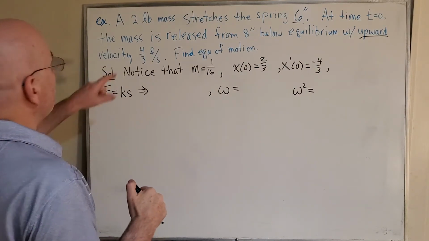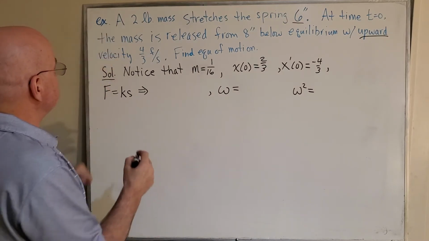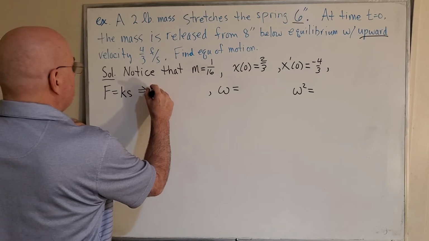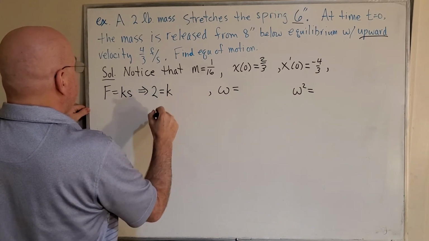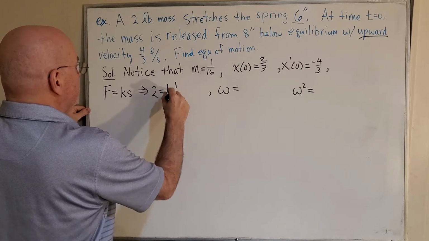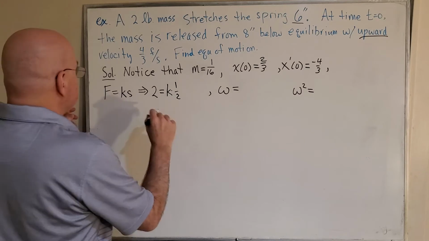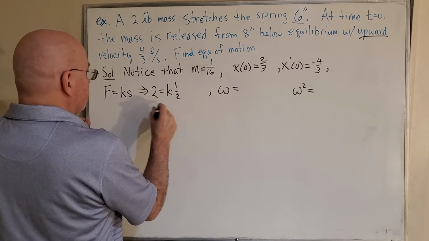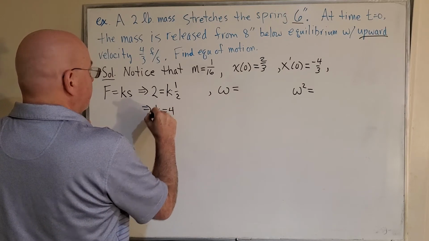And the force is just the mass times gravity, it's the 2 pounds. So 2 is equal to K times 1/2. So K is going to be 4 for us, 4 pounds per foot. So let me put K equals 4 pounds per foot.